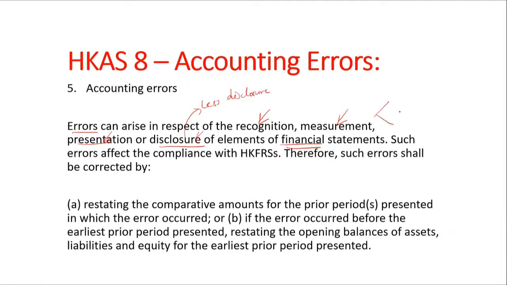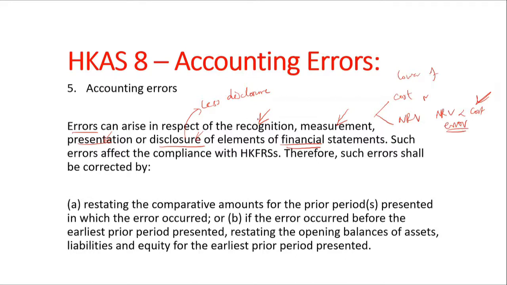An example of measurement could be, if you remember, that inventory should be measured at the lower of cost or NRV. So for example, if NRV is less than the cost of inventory and the company measured the asset at cost, that would be accounted as an error.